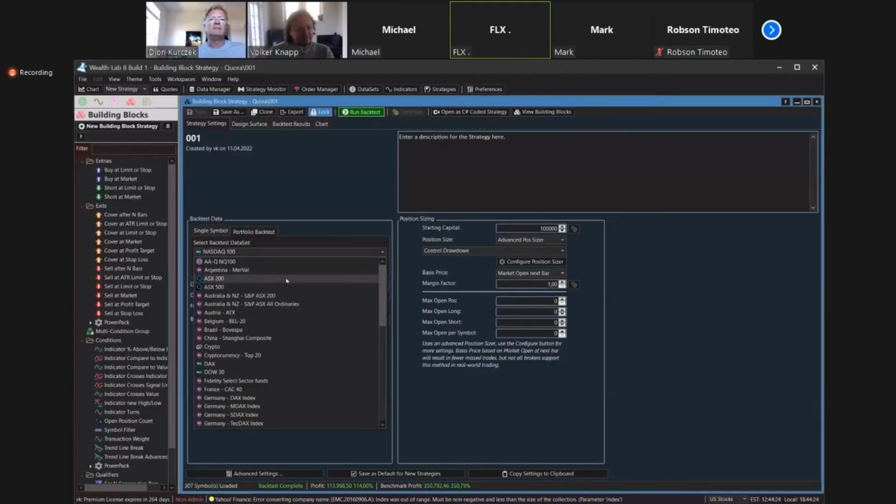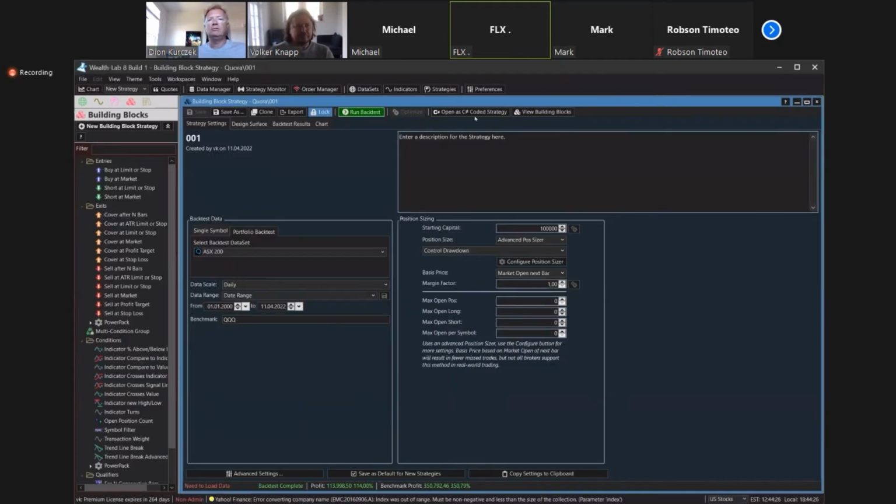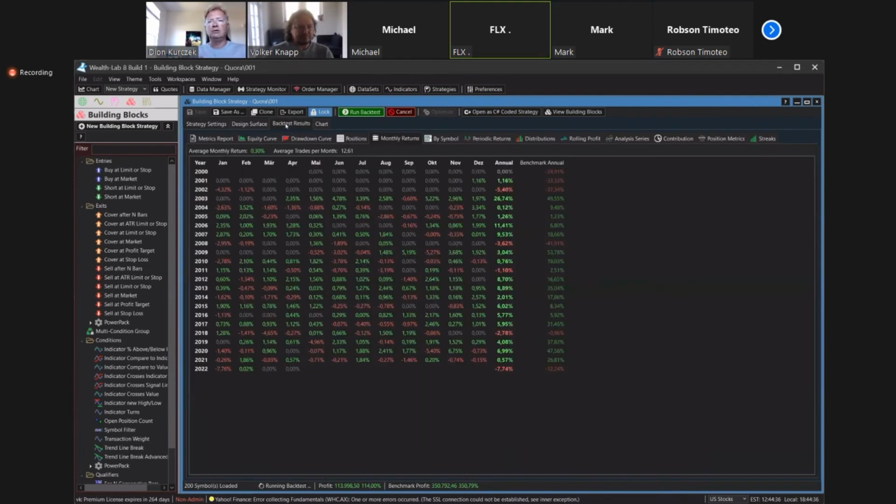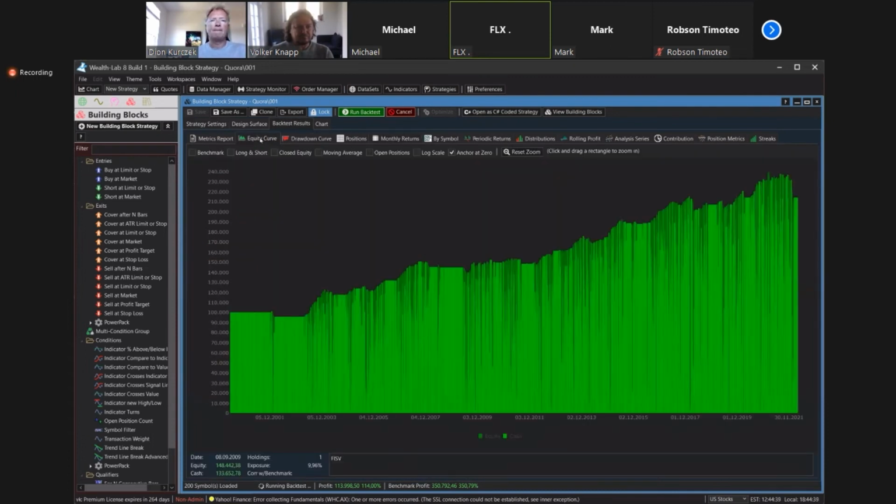It's not that difficult or complicated, and we do have it all documented, but it's a matter of building this new pluggable component, which you'd then be able to use here in Wealth Lab. Gotcha.